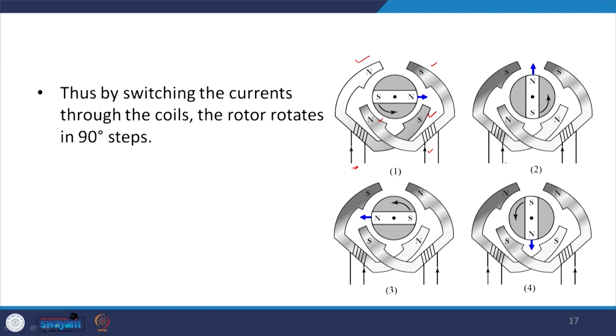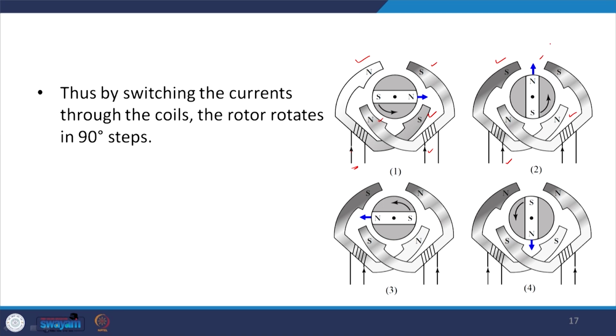This is the configuration, that is this becomes south and this becomes north. Then this south and this north will try to align, and so the rotor will be turning like this, and it will be moving to this position.